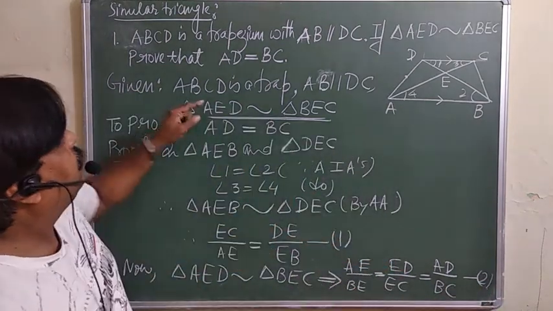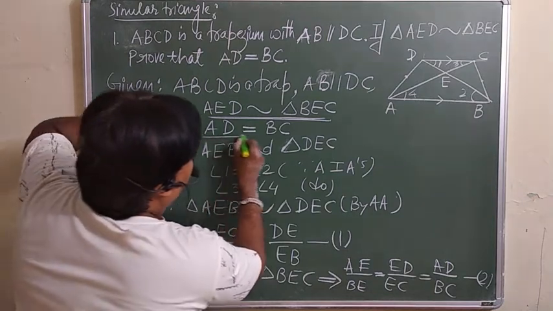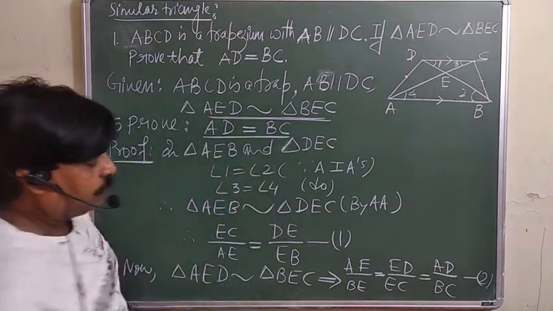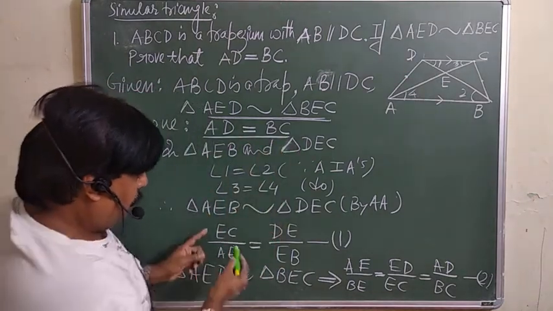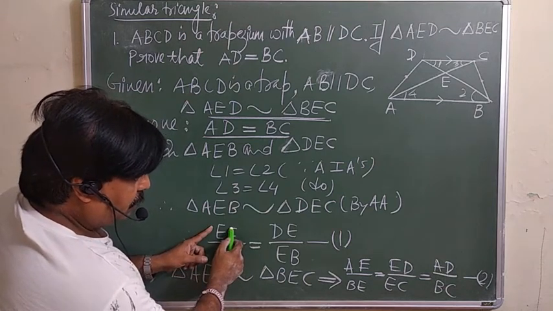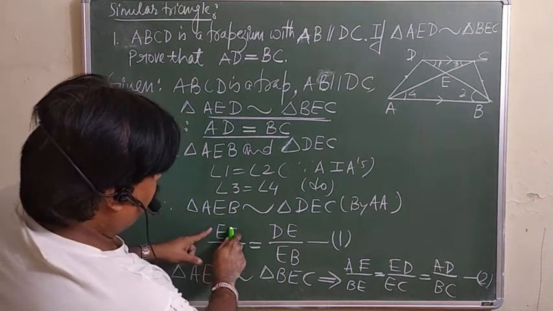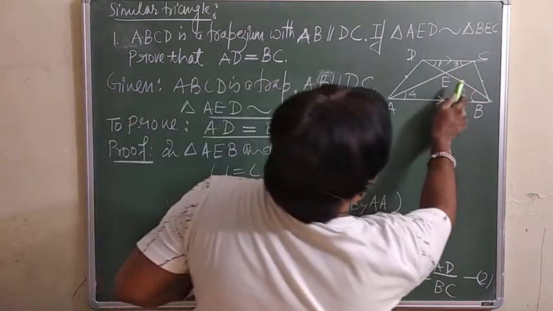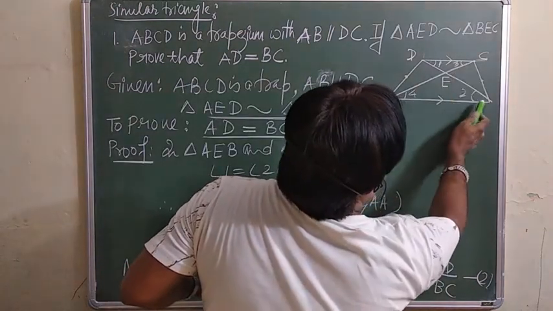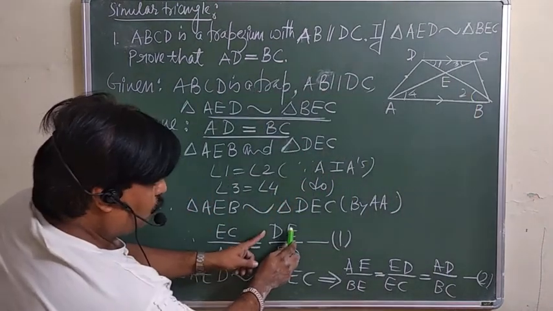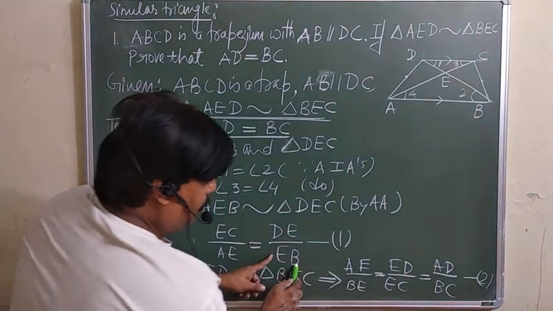Now what exactly do we want to prove? We want to prove AD is equal to BC. Look at here now. Here it is given EC over AE, that is, angle 1's opposite side EC, angle 2's opposite side AE, is equal to DE over EB.